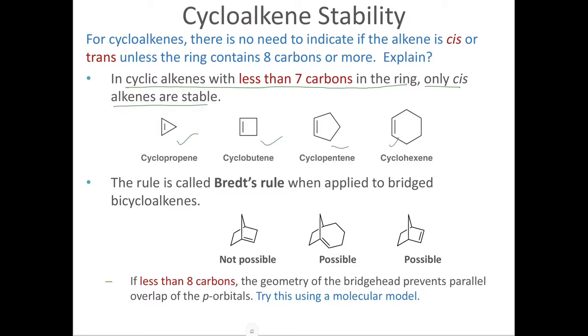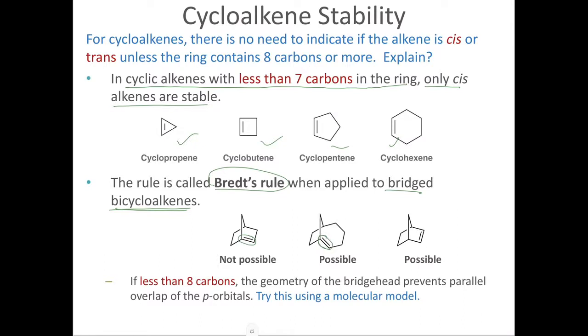Okay? Now, when it comes to bridged bicycloalkenes, this rule of 7 carbon atoms is referred to as Bredt's rule. So if you have less than 7 carbon atoms in a bicycloalkene, then it's not possible to have a double bond on a bridgehead. Okay? If we have 8 or more, then it's okay to have a double bond on a bridgehead because this is less strained.